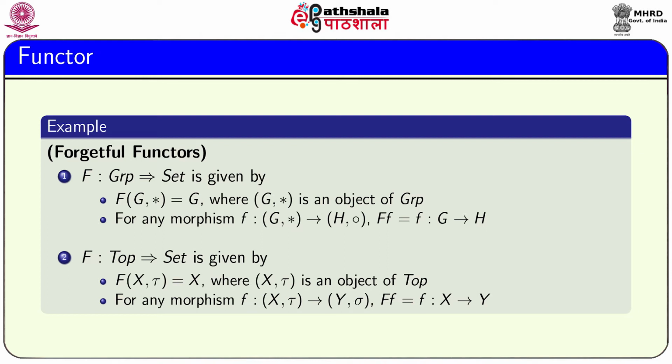It takes the group to the underlying set of the group. That means, F will take the object G, which is a group in the group category, to the underlying set of the group in the category of sets.